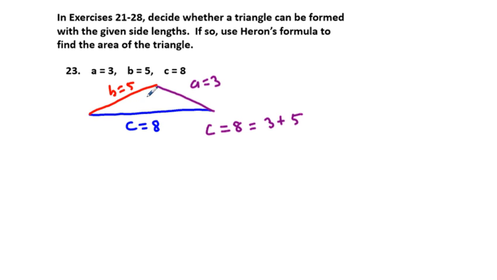And so really, we do not have a triangle, because it's impossible to get a triangle when B and A added together equal side C. So we'll say a triangle cannot be formed. We have just a line segment. So make a little drawing and think about it, and we'll be okay.